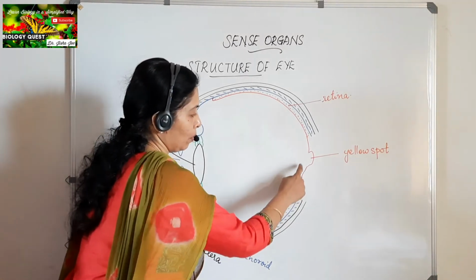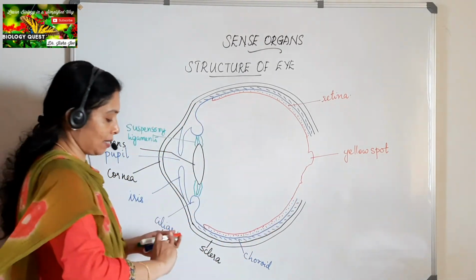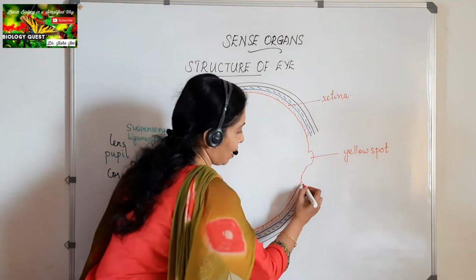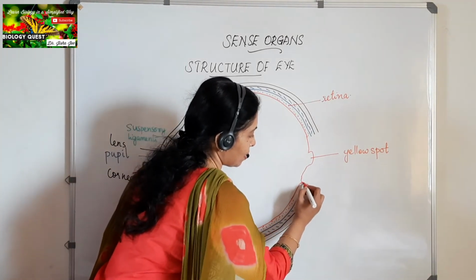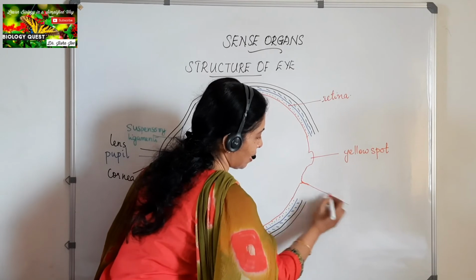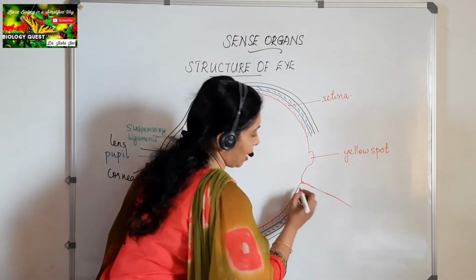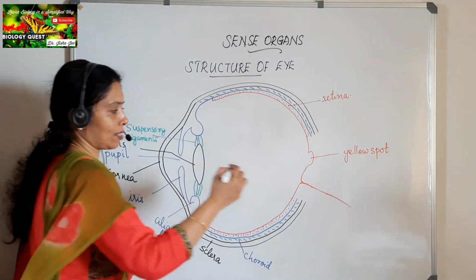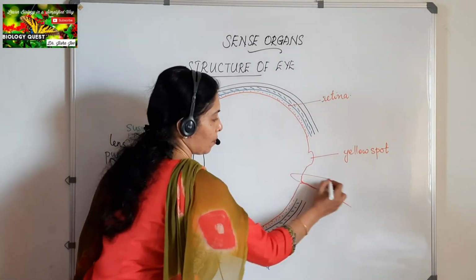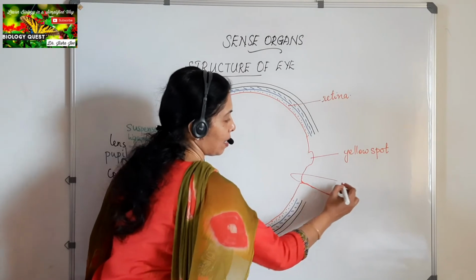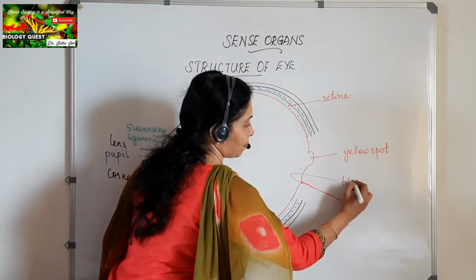Now a little below the yellow spot you can see another region where all the sensory cells join together and come out of the eye as the optic nerve. This region is called the blind spot.